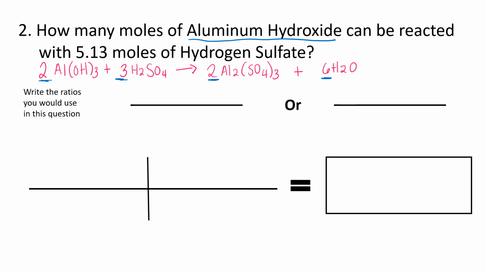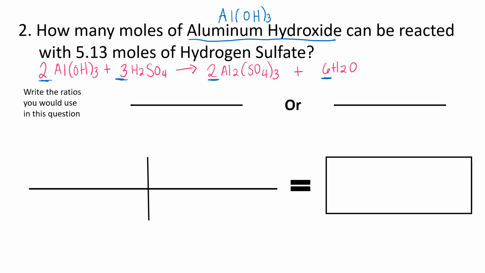If you forgot what that was, remember part of today's lesson earlier was to create that into an actual formula. And we know that aluminum hydroxide is going to be Al(OH)3, can be reacted with 5.13 moles of hydrogen sulfate.